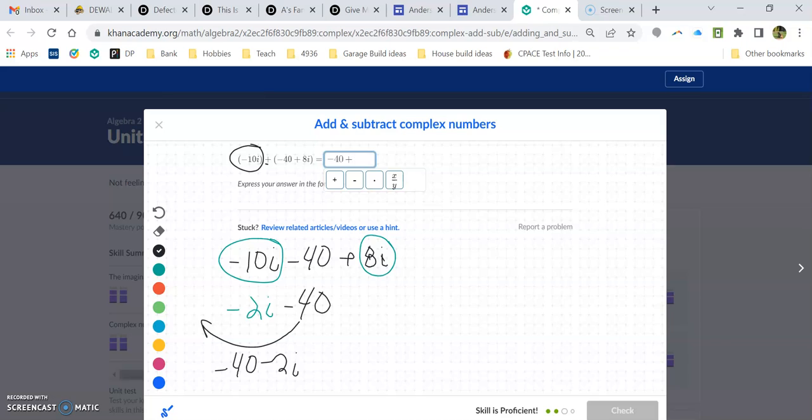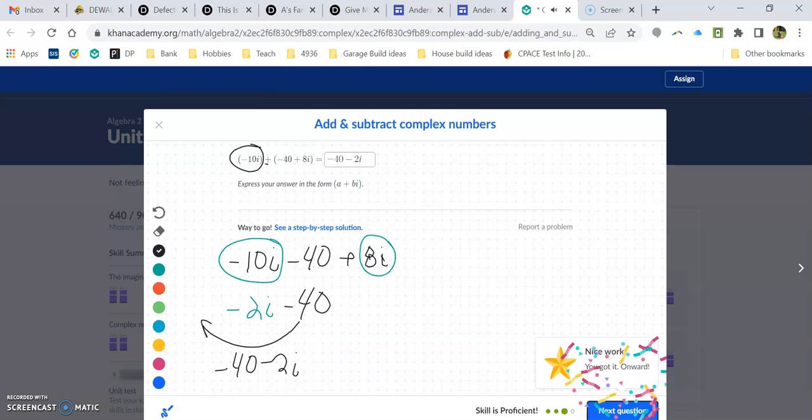Negative 40, minus 2i. I got that one wrong. Oops, making mistakes. Okay, minus 40, I'm typing upside down. Minus 2i. So, negative 40, yes, that's good.